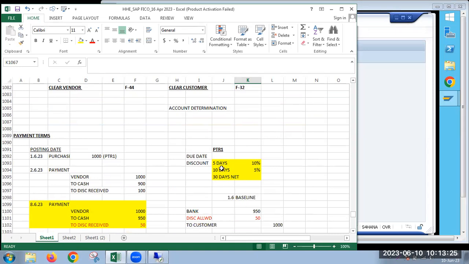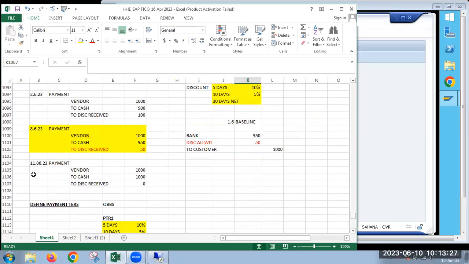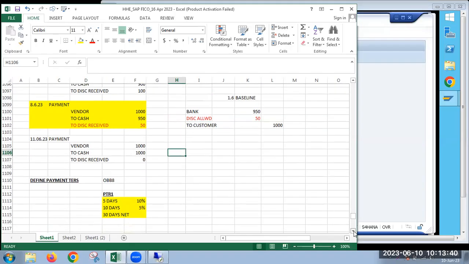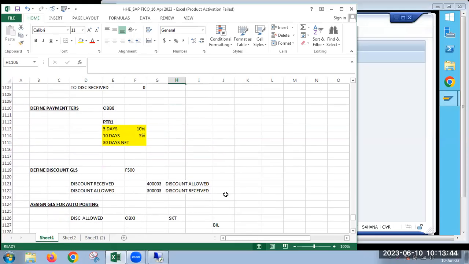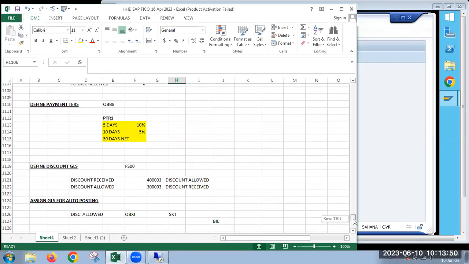We created one payment term and assigned it at the time of invoicing. We also made the determinations, created GL accounts and assigned them for manual posting. At the time of payment, we saw that based on the rate in the term, the system posted the difference amount as discount allowed or discount received.